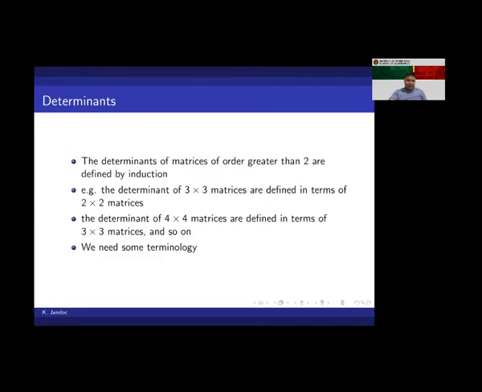But for now, suffice it to say that in order to compute the determinant of a 3 by 3 matrix, you need to look at several 2 by 2 matrices. The same thing with a 4 by 4 matrix, you need to look at the determinants of 3 by 3 matrices. Later we'll know exactly what we mean by that. But first we need to define some terms in order to compute the determinants.